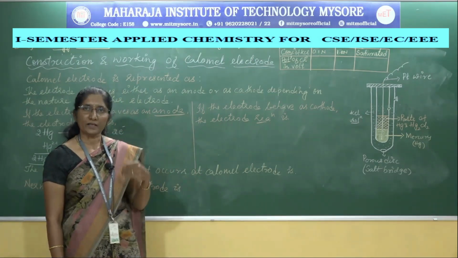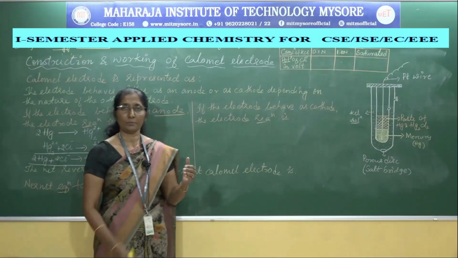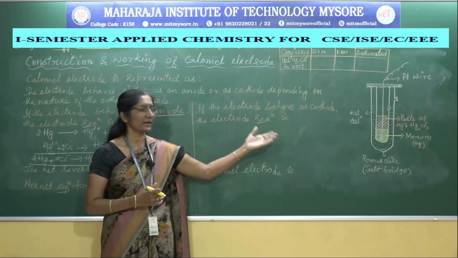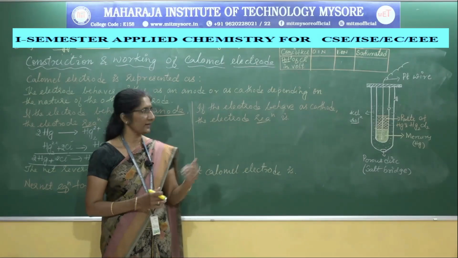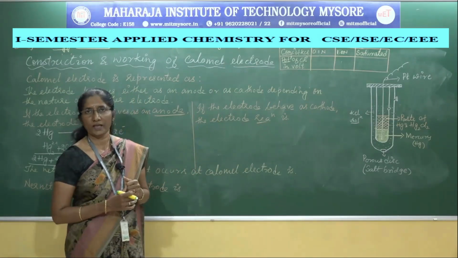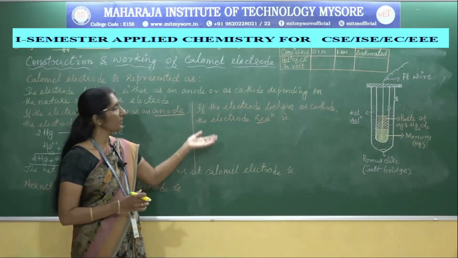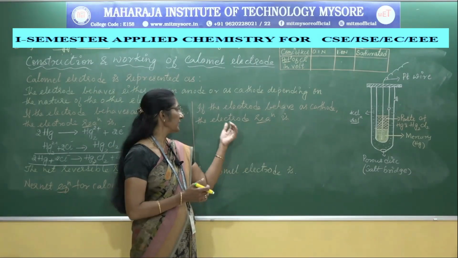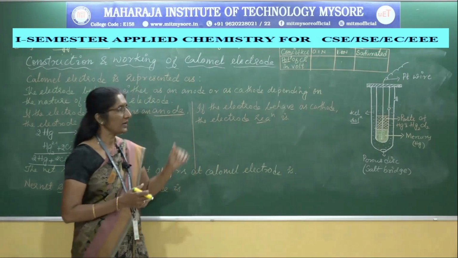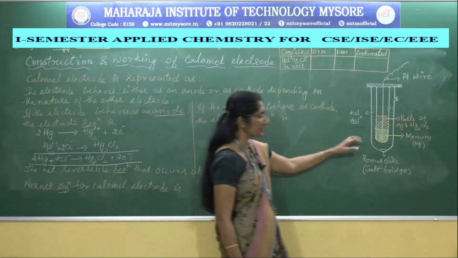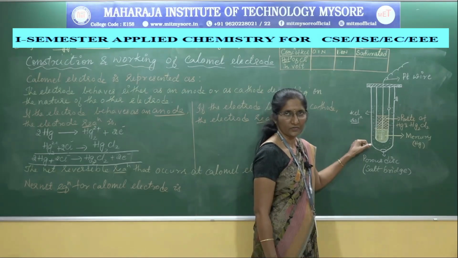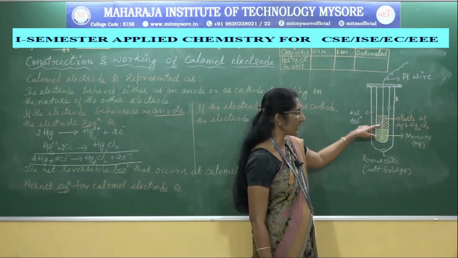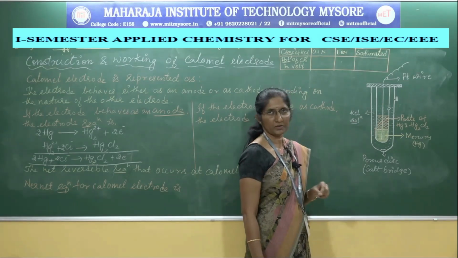For example, if the coupled electrode potential is lesser than the calomel electrode, in that case this calomel electrode behaves as a cathode. Cathode means there should be a reduction reaction. Then how do we write the electrode reaction? Observe that here there are no metal ions. First there is mercury, and it is in contact with mercury and mercurous chloride.